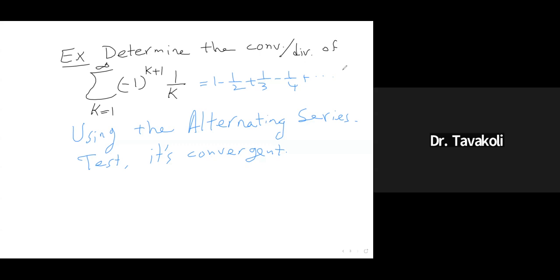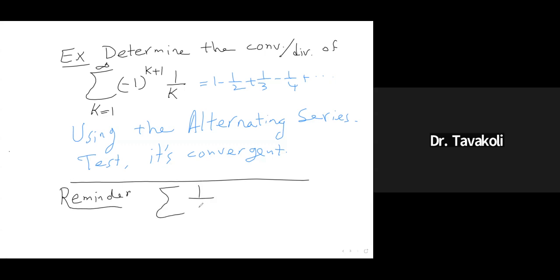It's interesting because, as a reminder, do you remember the harmonic series, sigma of 1 over k, k runs from 1 to infinity, is divergent using the p series test?